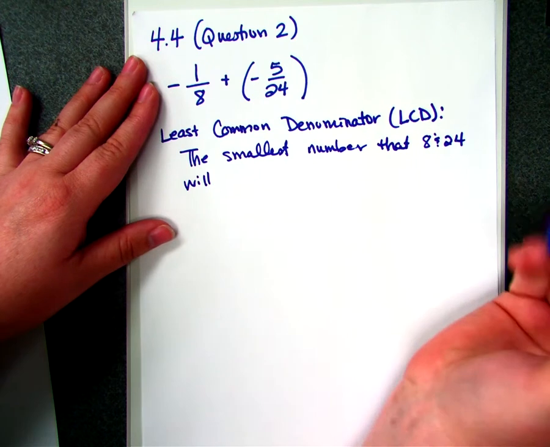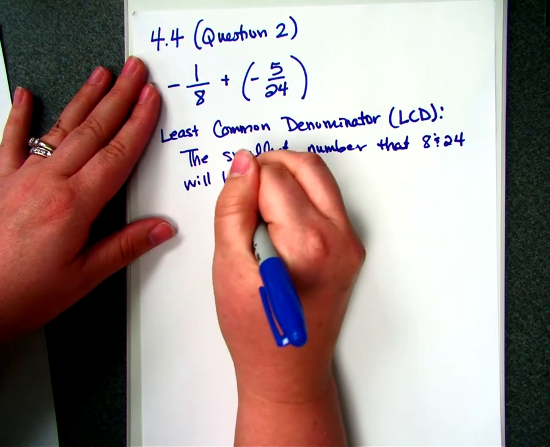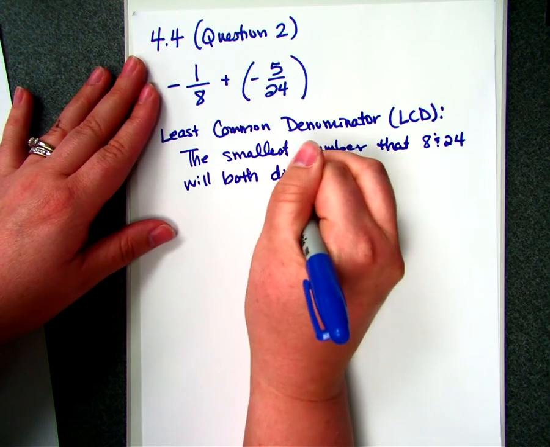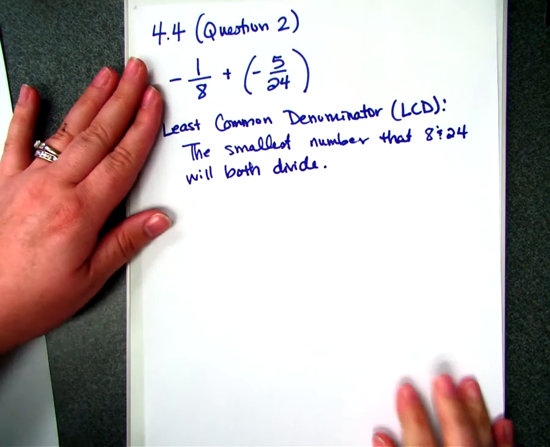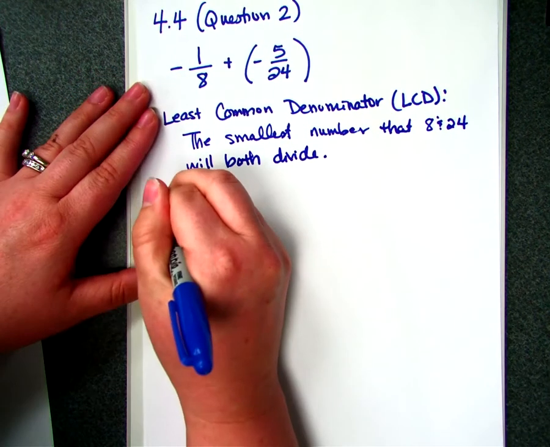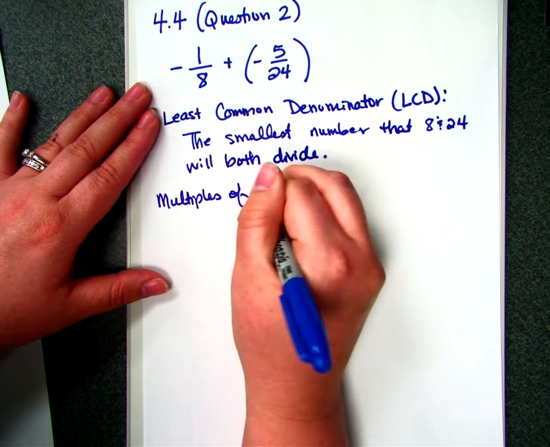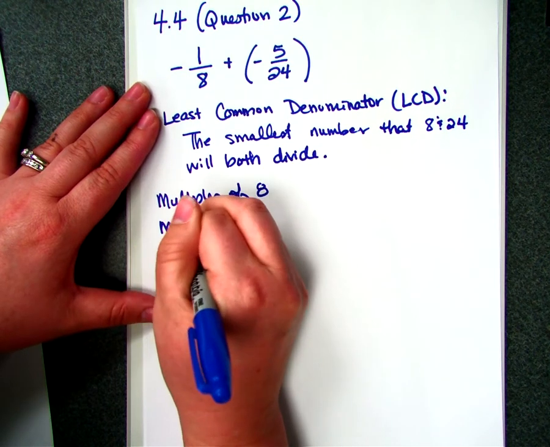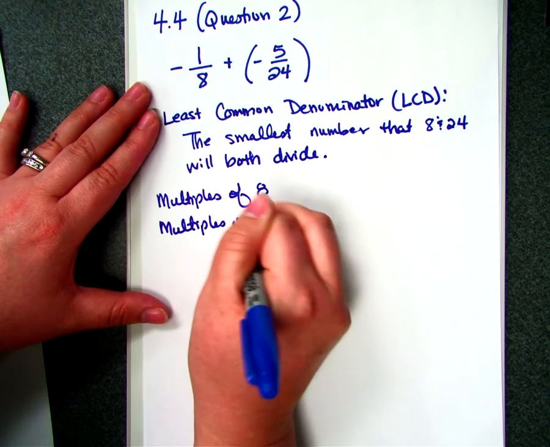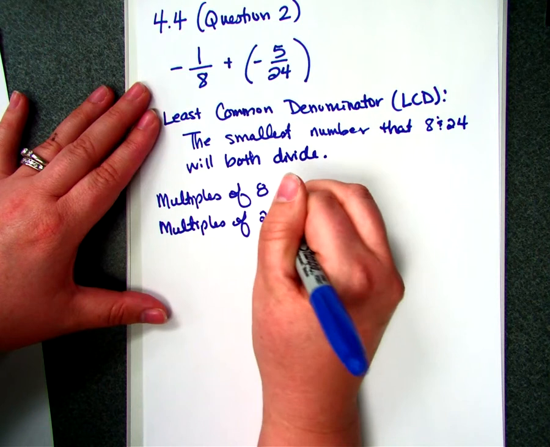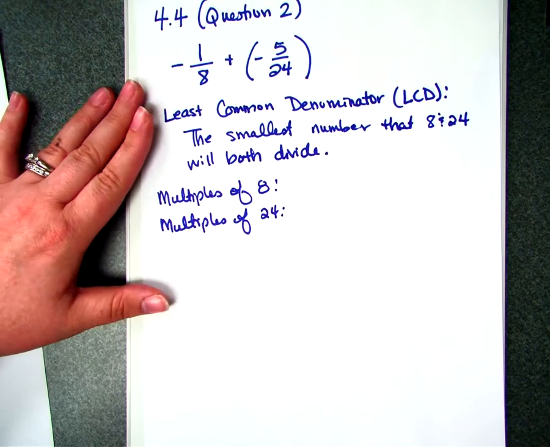Look for the smallest number that 8 and 24 will both divide. And one way you can do this is look for multiples of 8 and multiples of 24 and see if they have anything in common.